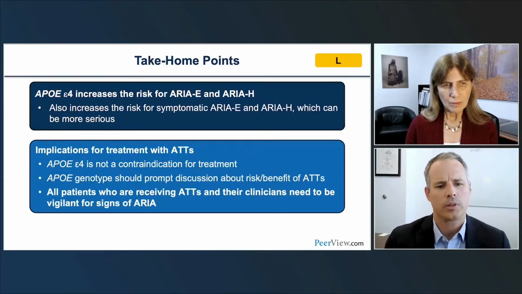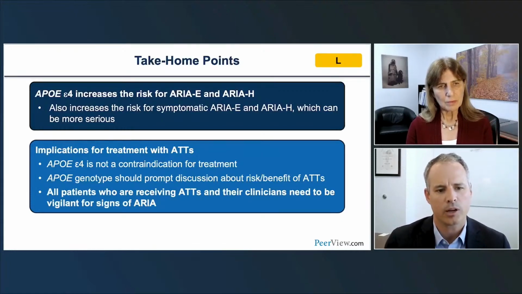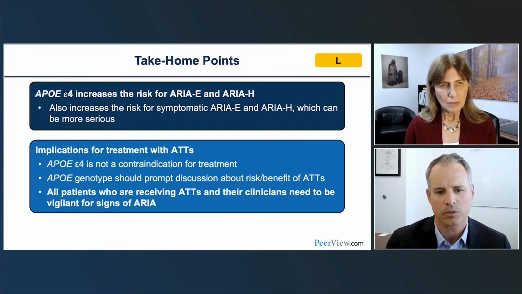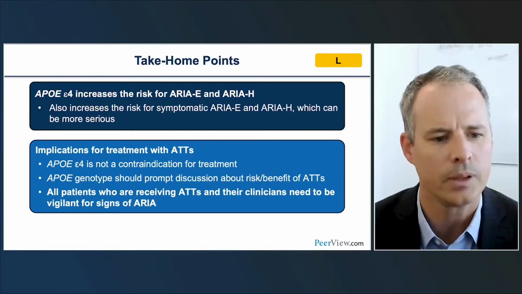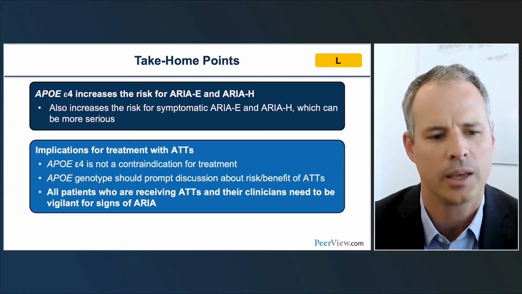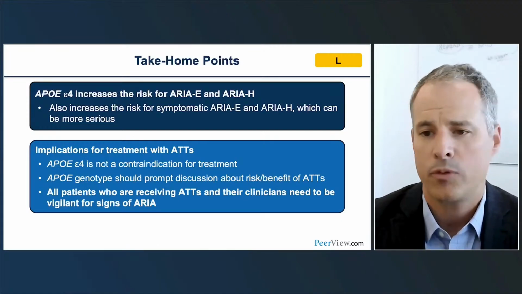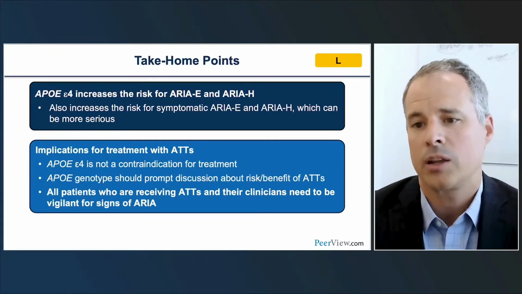So the take-home points: ApoE4 increases your risk for ARIA, both ARIA-E and ARIA-H. It increases the risk for symptomatic ARIA-E and ARIA-H, which is more serious, but also still quite rare, in a vast minority of patients. The implications for treatment with anti-amyloid therapies: ApoE4 carriers are not contraindicated from treatment.